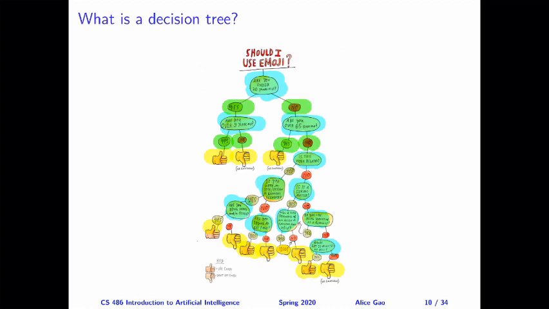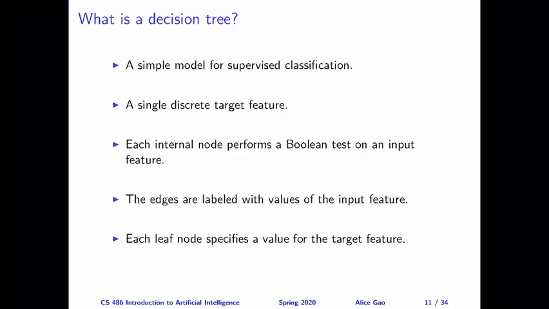Another name for the value of the target feature is a class. We are asking a bunch of Boolean questions, and in the end, we want to figure out what is the class for this data point that we're looking at. Everything I've just said is also summarized on this next slide, so I'm going to skip it, but you can take a look if you prefer the text version.